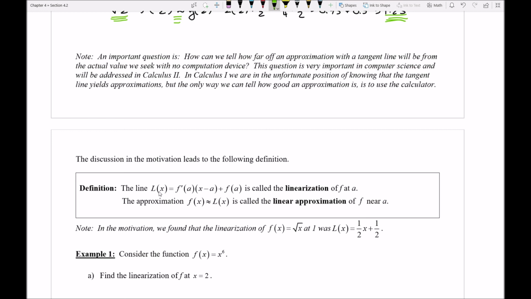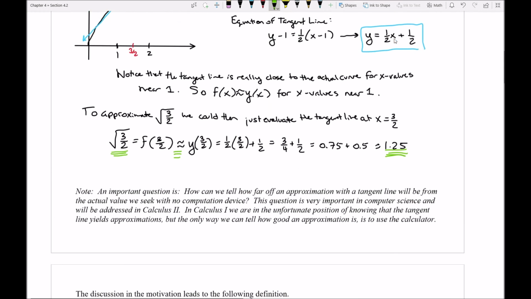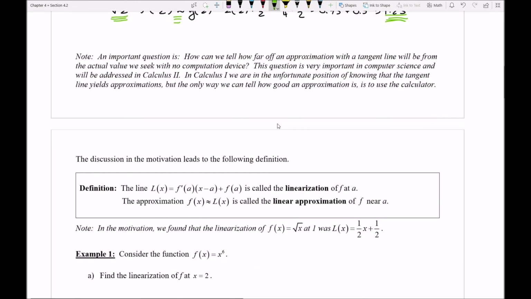Instead of writing y equals, we're just going to change that to look like L of x equals. Now, don't worry about the rest of this formula. That's not super important. We should just notice that this thing right here is just a tangent line.